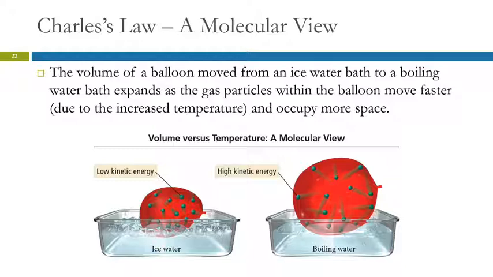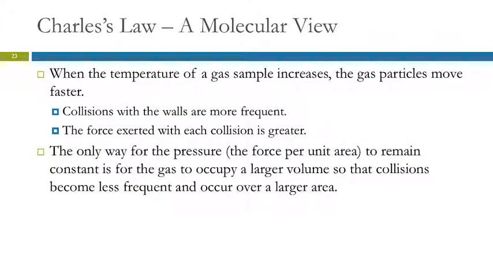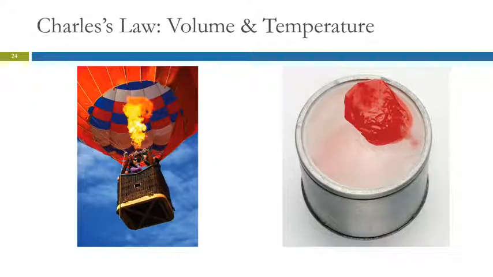A lot of these gas laws we can reason out by thinking about what balloons do. So the temperature of gas increases, particles move faster. They collide with the walls more frequently and with more force. And so if we want the pressure to remain equal, we have to let the gas expand in volume.